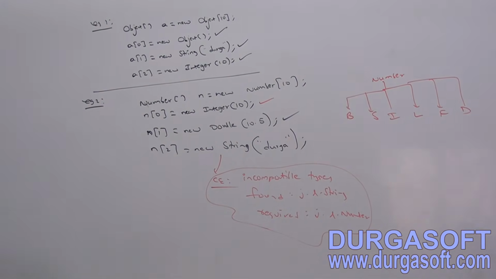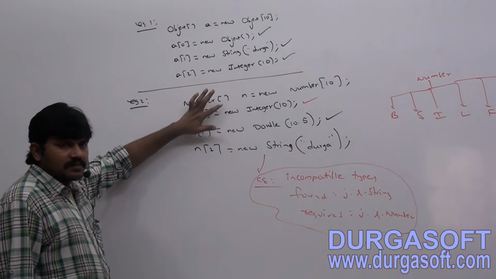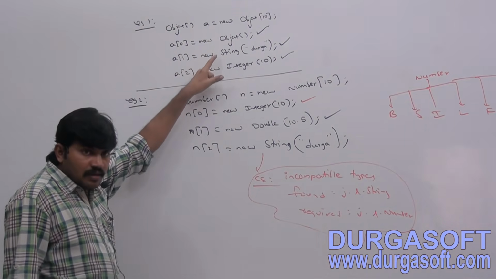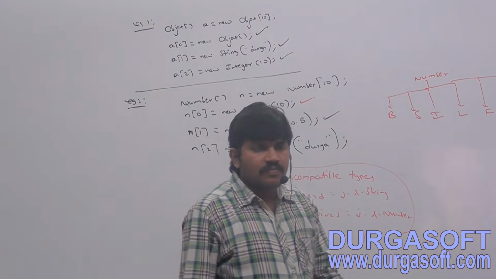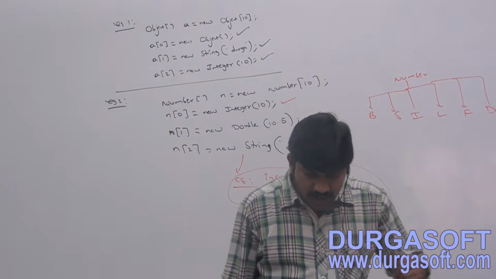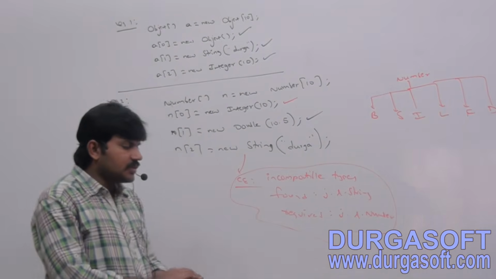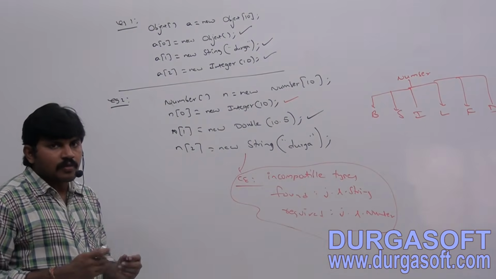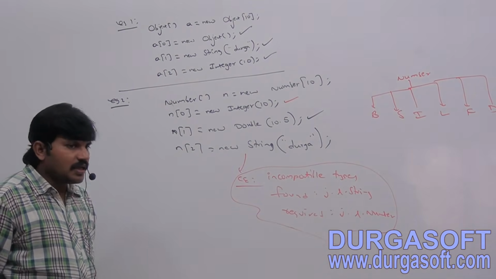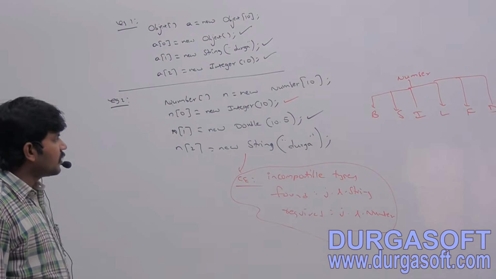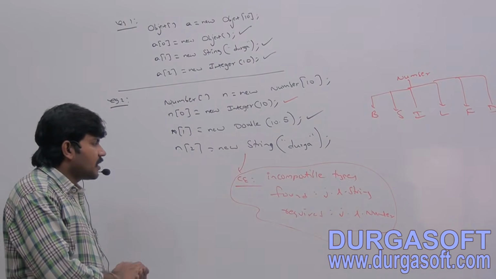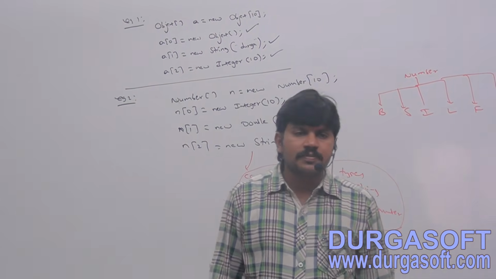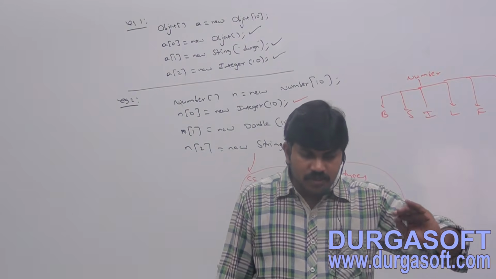So here, can I conclude something like this? In the case of object type arrays, as array elements, we can provide either the declared type objects or its child class objects.